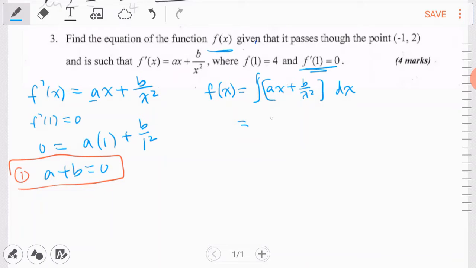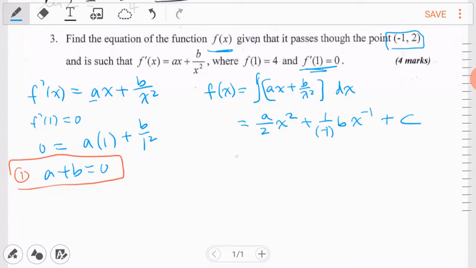So to get the integral of ax, it's equal to a over 2 x squared, and then the integral of this is equal to 1 over -1, or just -1, bx to the -1, plus a constant. Don't forget this constant, because it's going to be important for the rest of the question, where we have to find the equation of f of x with the constant using this point right there.